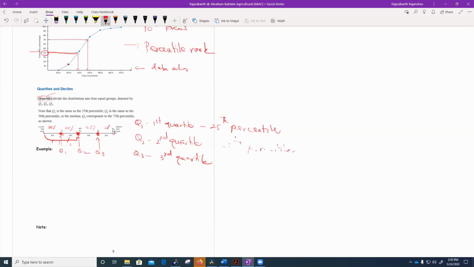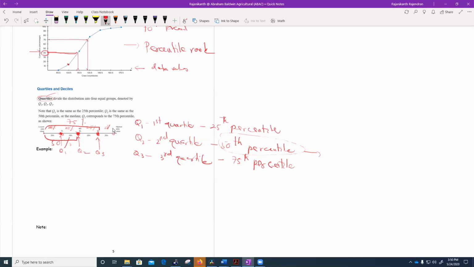And Q3 will consist of the first 75 percent, therefore Q3 is the 75th percentile of your entire data set. That means if you are asked to find the 50th percentile, this is equal to finding Q2, the second quartile.